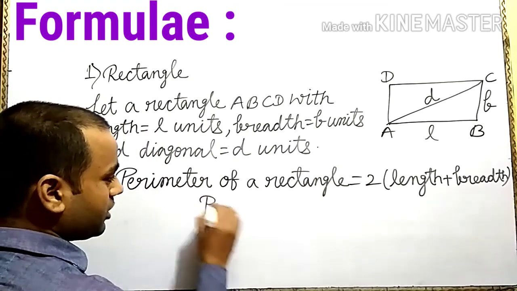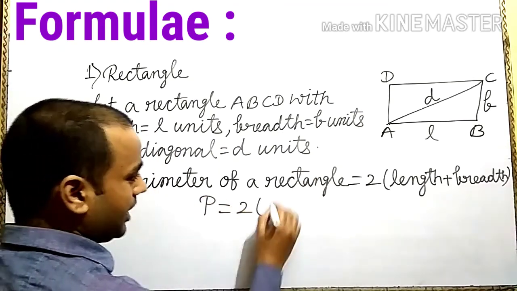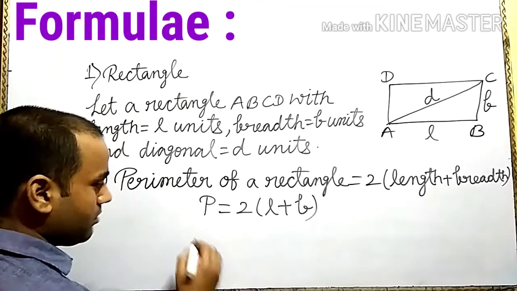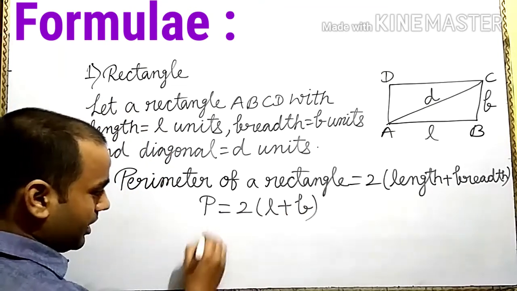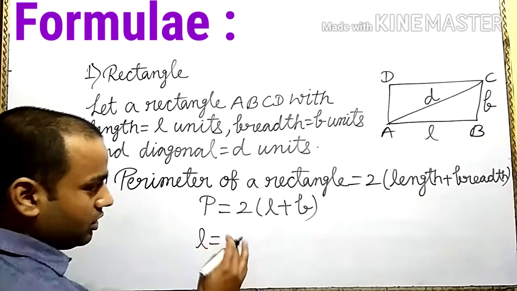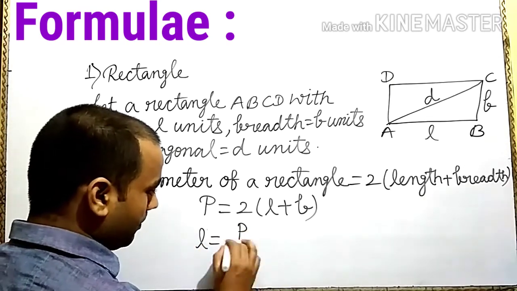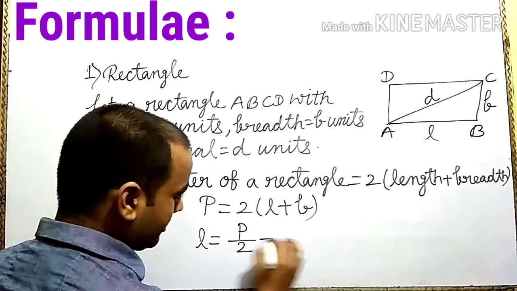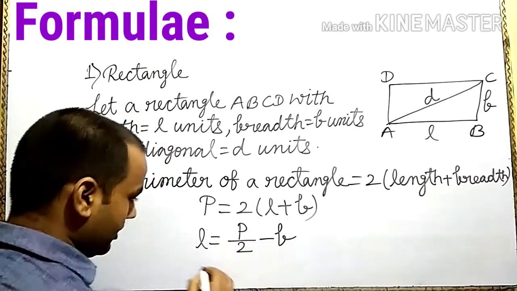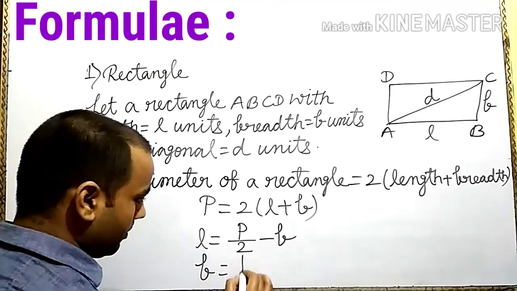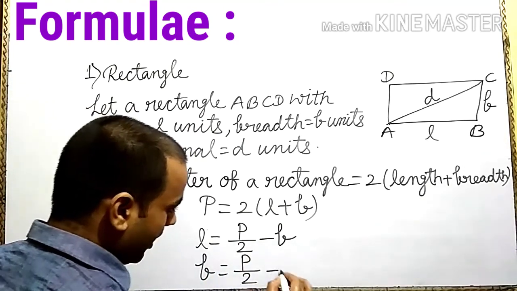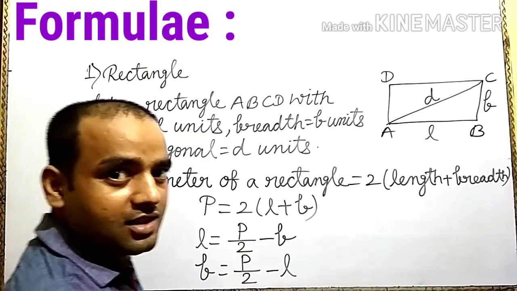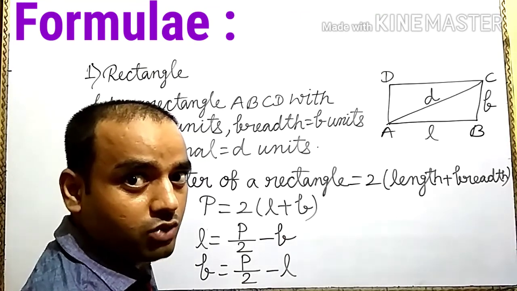Perimeter is generally denoted by P, so P is equal to 2 into L plus B in short form. Find the conversion here. L is equal to P by 2, means perimeter by 2, minus breadth. Breadth is equal to perimeter by 2 minus length. Is it clear?